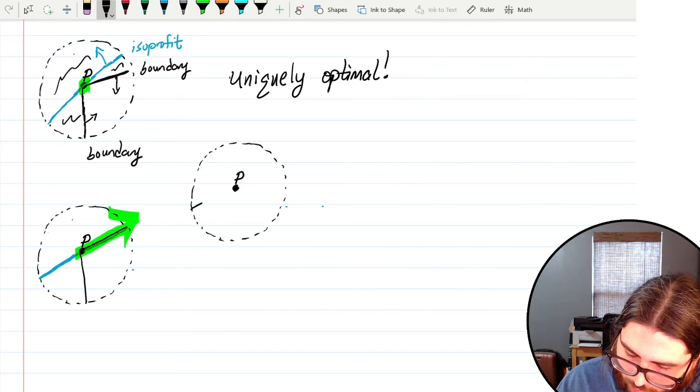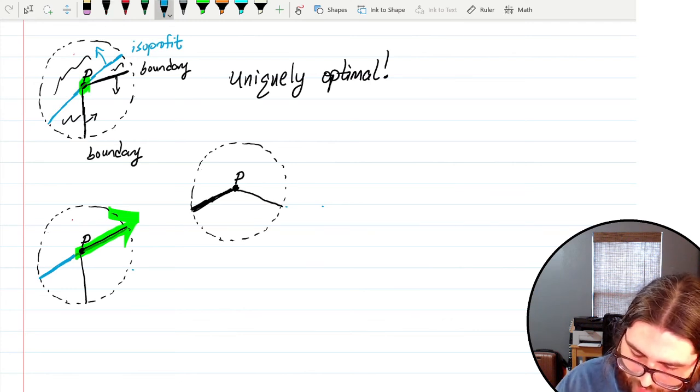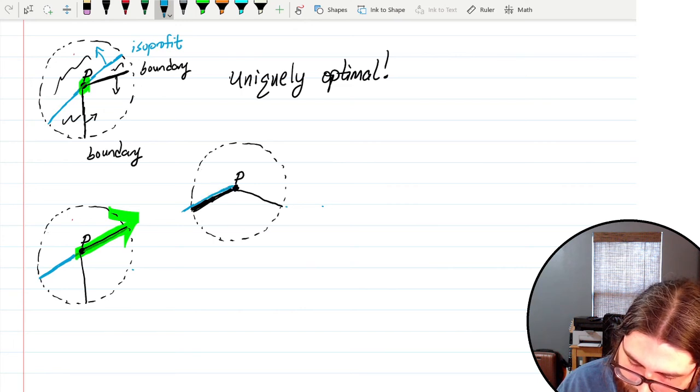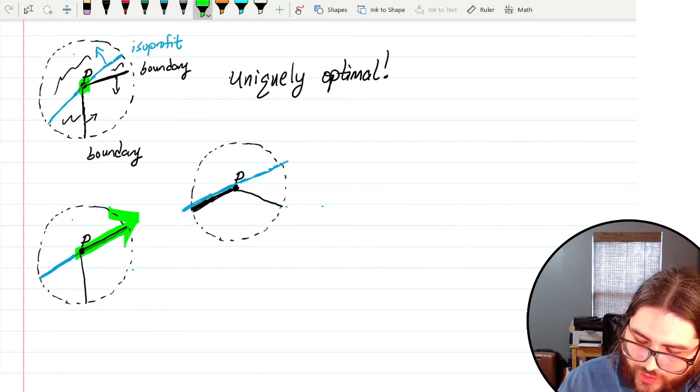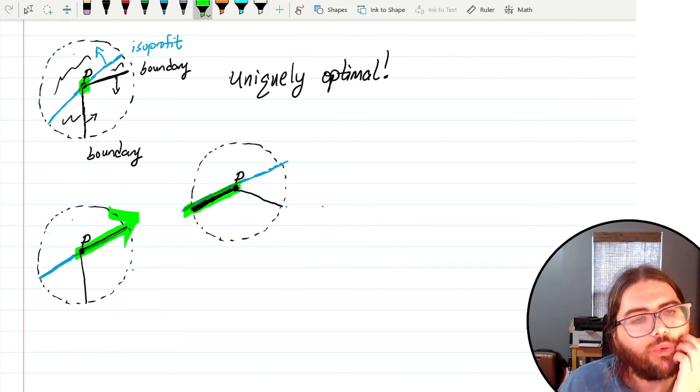At the next corner point, there's the incoming boundary, and I don't know what the other boundary looks like, but I'll just say it's like this. And the isoprofit line is the same isoprofit line. And so I'll have the co-optimal situation at the other boundary point too.